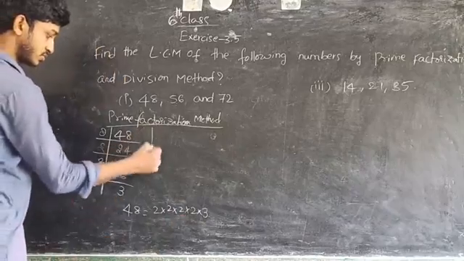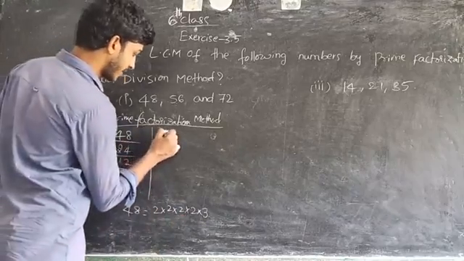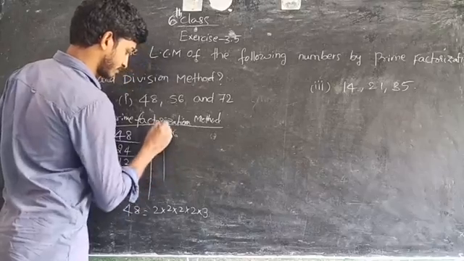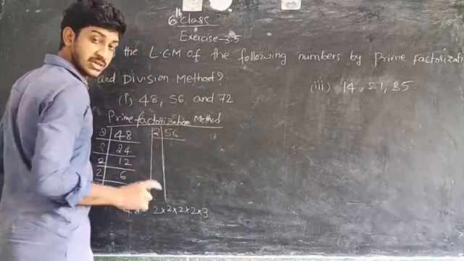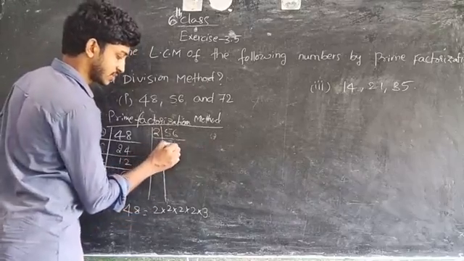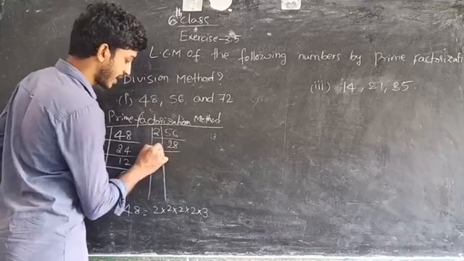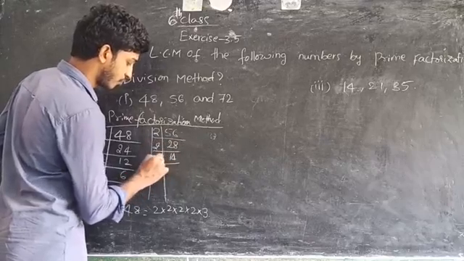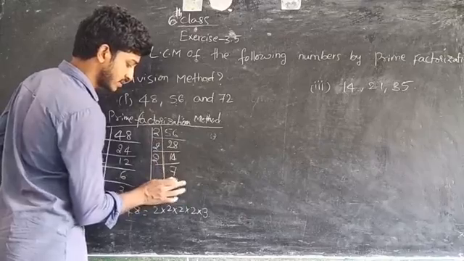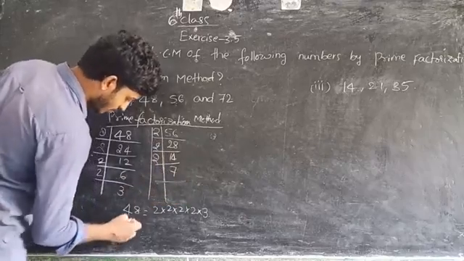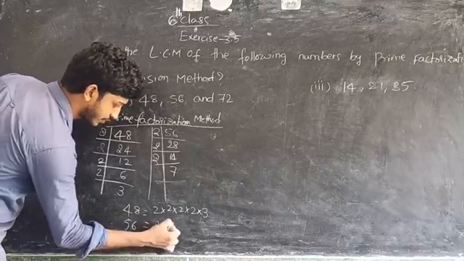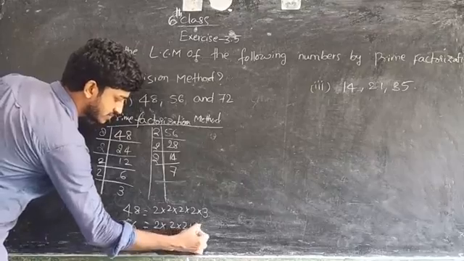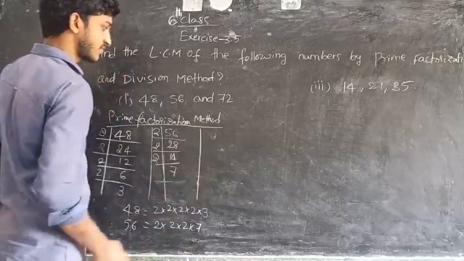Okay, children. The next one is 56. In the 2 table, 2 times 28 is 56, 2 times 14 is 28, 2 times 7 is 14. So 56 has the factors 2 into 2 into 2 into 7. Next one is 72.